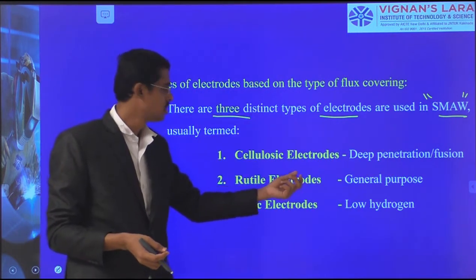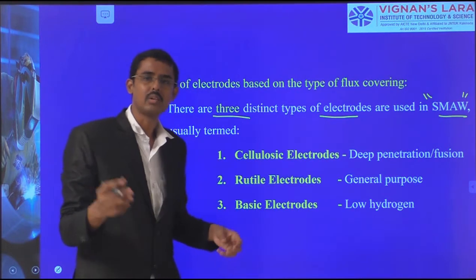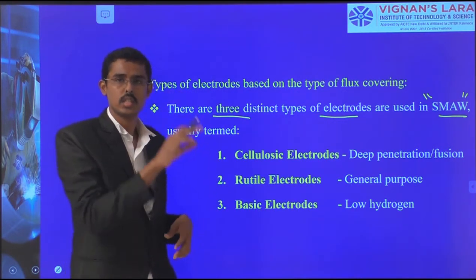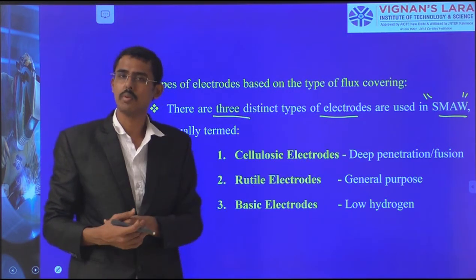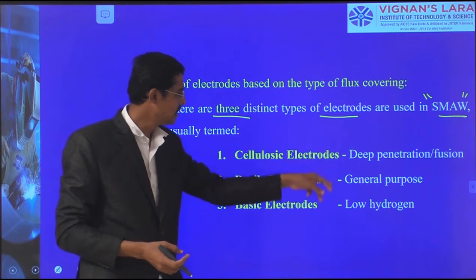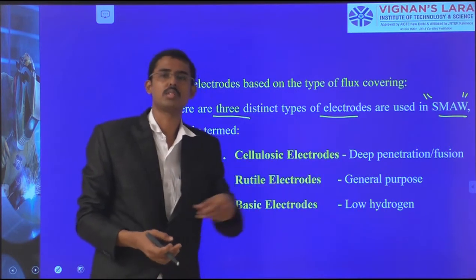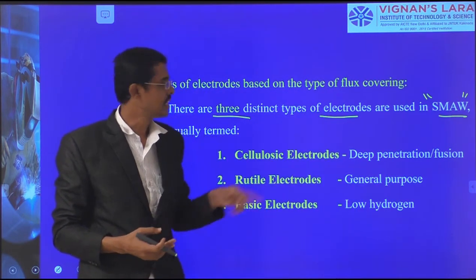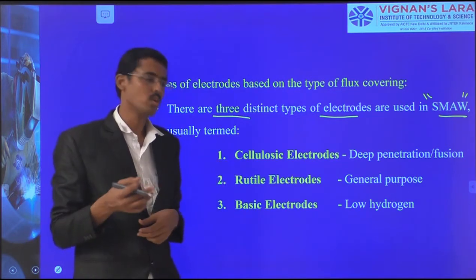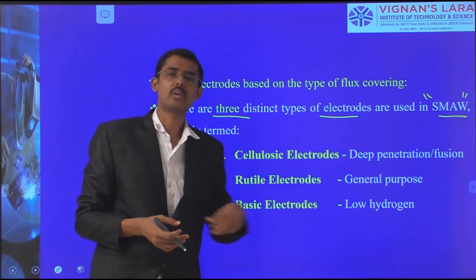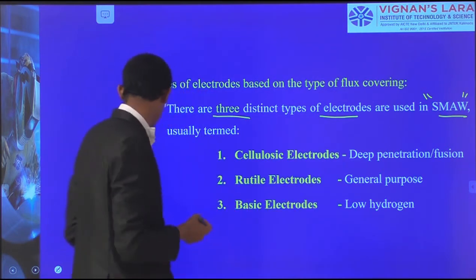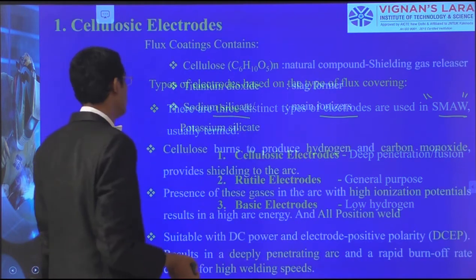Rutile electrodes are general purpose electrodes, which we can use for vertical, overhead and all positions. Basic electrodes and cellulose electrodes involve hydrogen absorption, due to which the defect called hydrogen embrittlement can come. To avoid this, we use low hydrogen electrodes, which the basic electrode provides as an advantage. We will see them one by one.